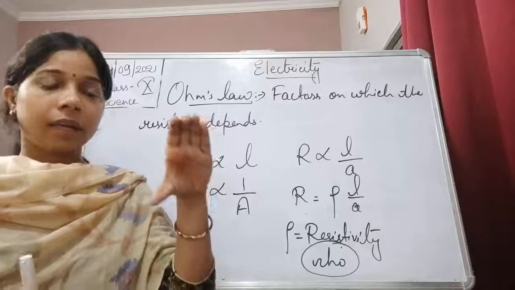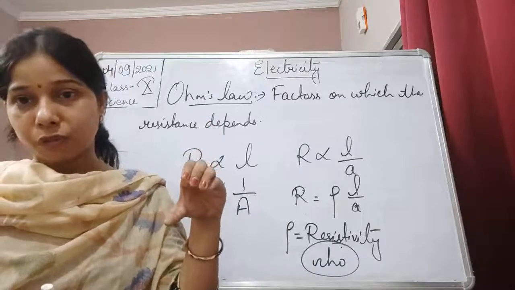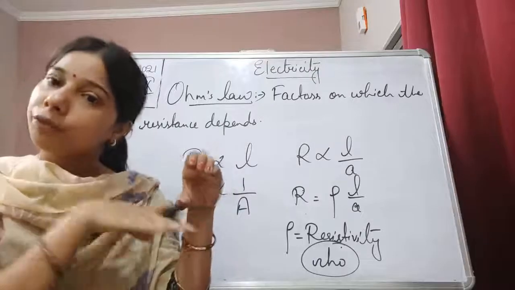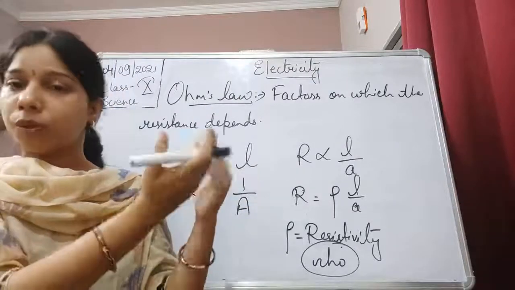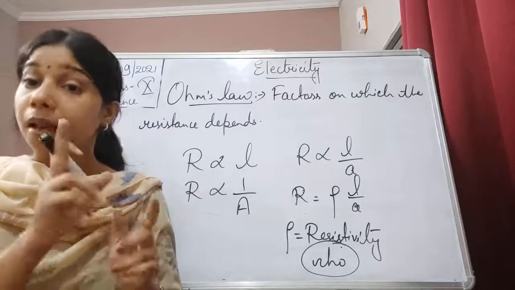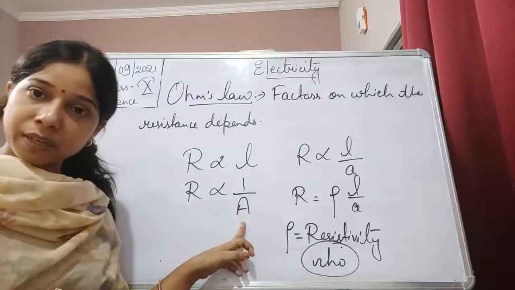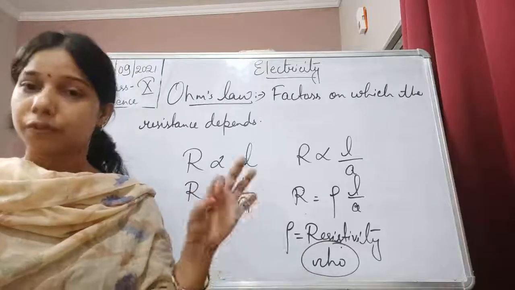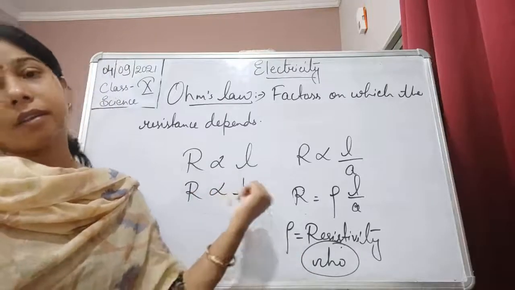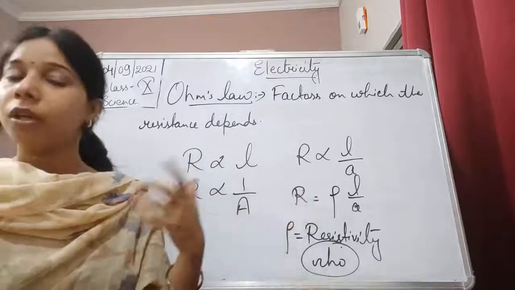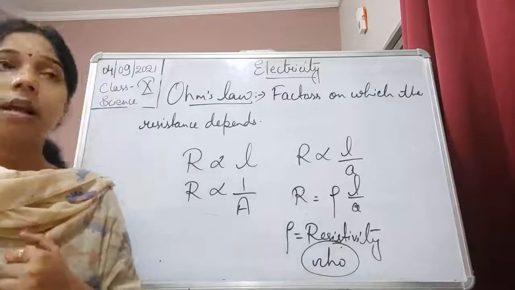If there is more area of cross section, there is more space for the current to flow through easily, so less hindrance is produced, and obviously the resistance becomes less. If the area of cross section increases, resistance decreases. If it decreases, resistance will be more. If length is more, resistance is more. If length is less, resistance is less.